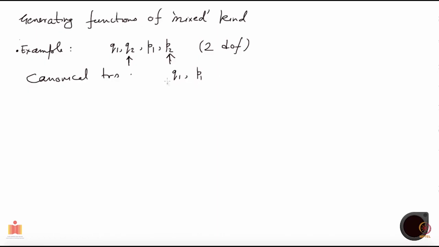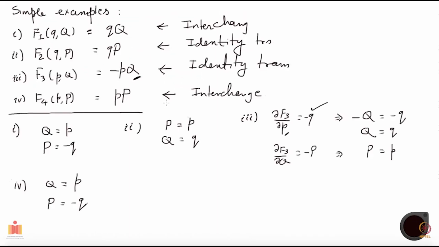So I'm looking at a canonical transformation which will take my q1 to q1, p1 to p1, and capital Q will be p and capital P will be minus q. So coordinate becomes momentum.